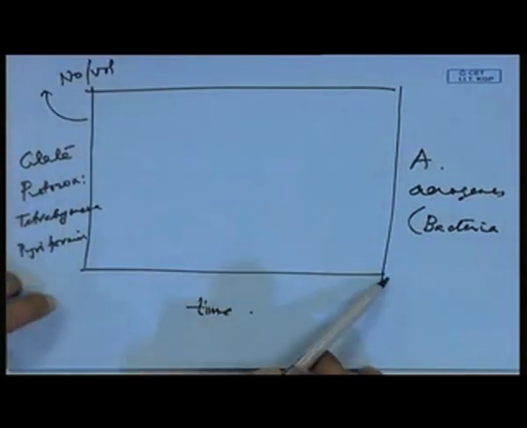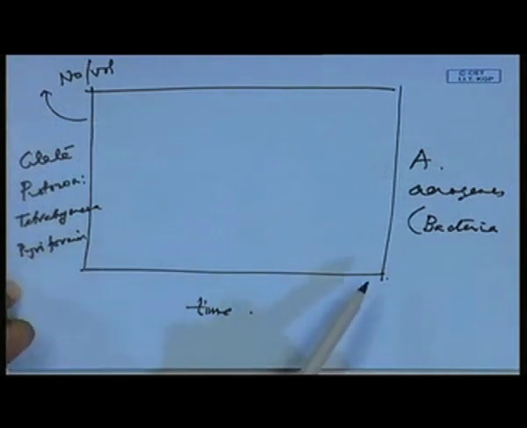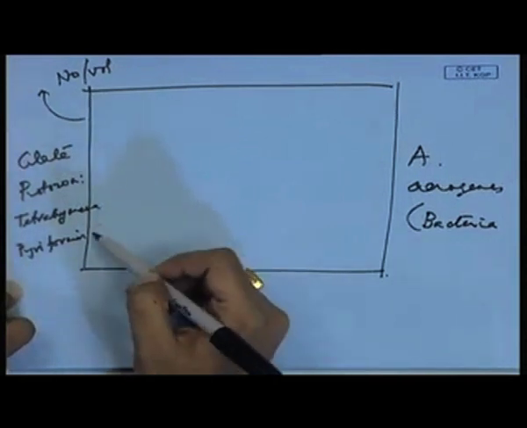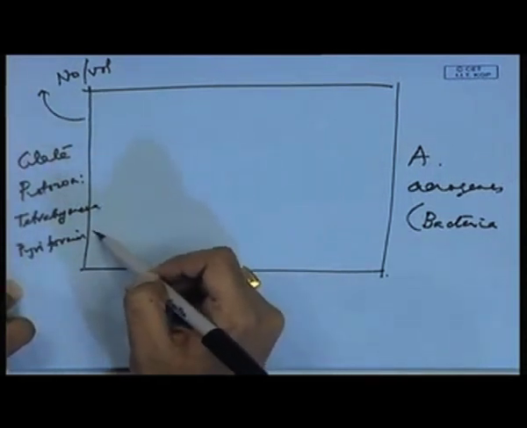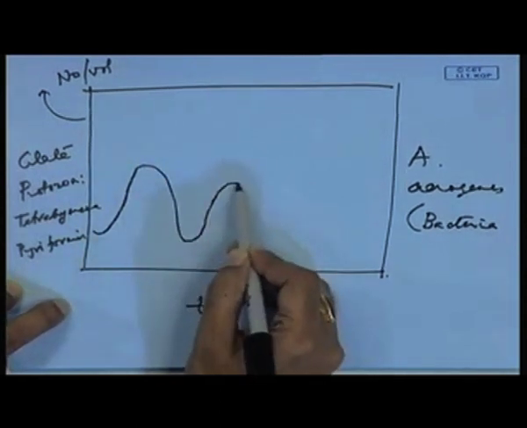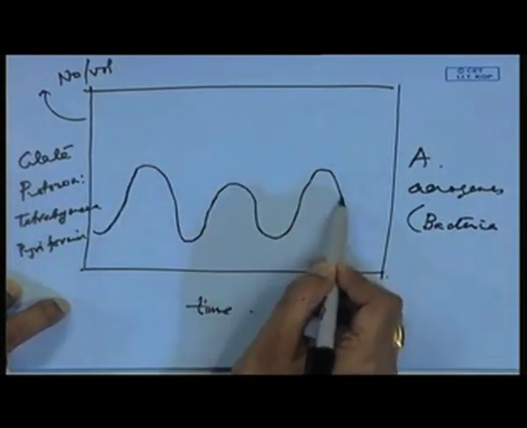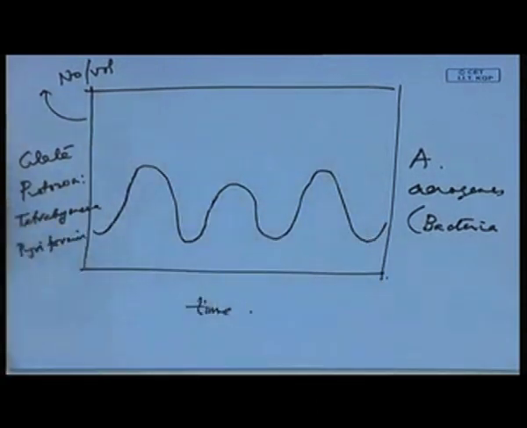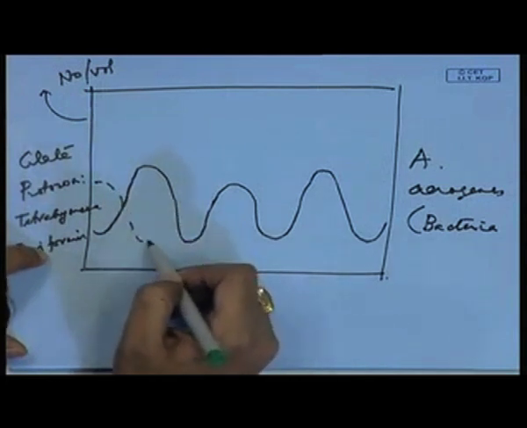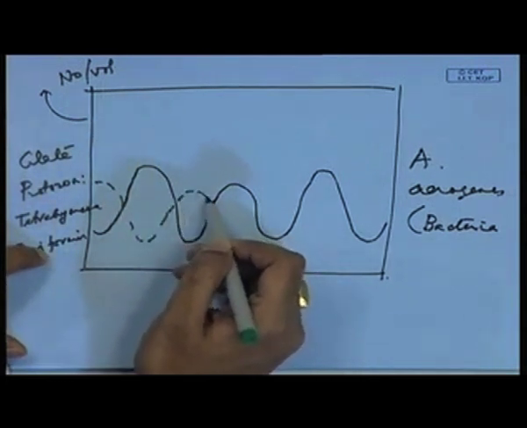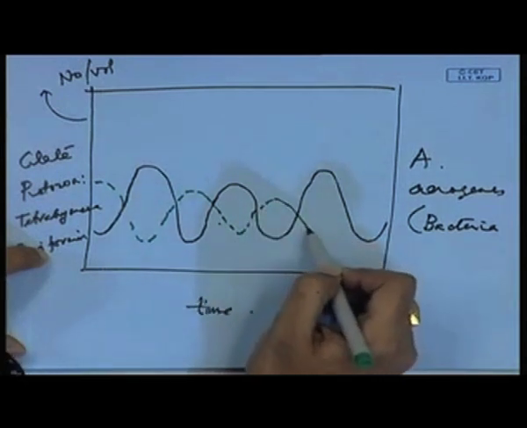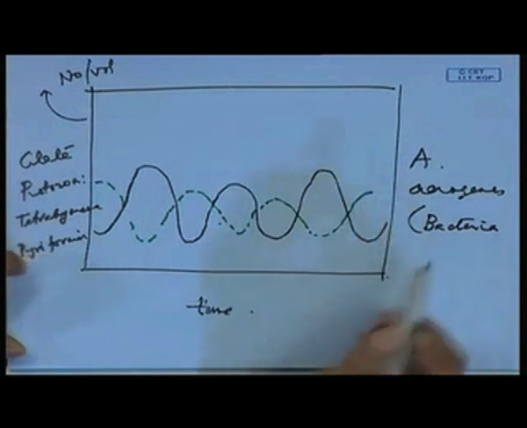So, we are trying to grow both of these together in the same medium, let us say, and if I am to draw the protozoa with black, this is how it looks like. It goes up, down, and up. If I am to draw the bacteria, this is how it looks like. Okay.